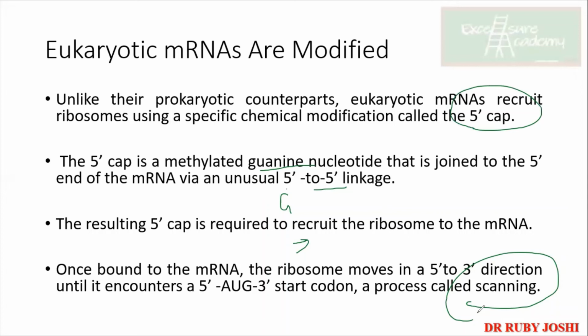Now in the case of eukaryotes, the scanning done by the ribosomes is for the 5' cap. As soon as they find the 5' cap, they get aligned over there. Of course, there are other translation factors also involved. They come together and scan the mRNA for the AUG, that is the start codon. Okay, so this is how translation initiation is happening.